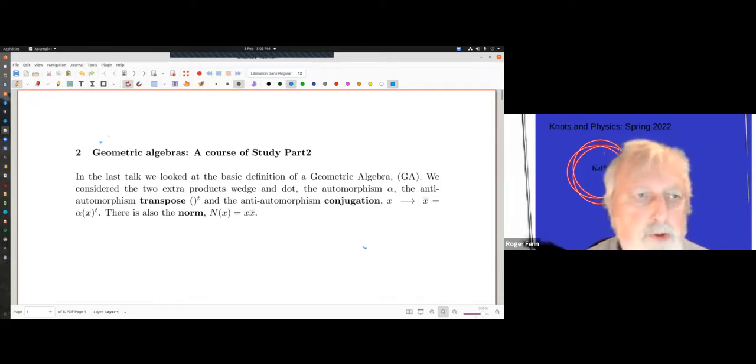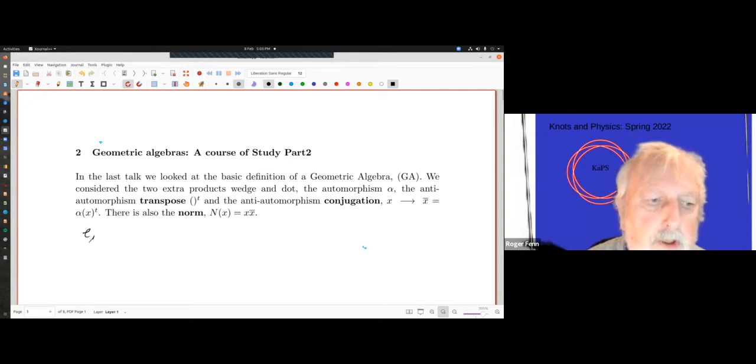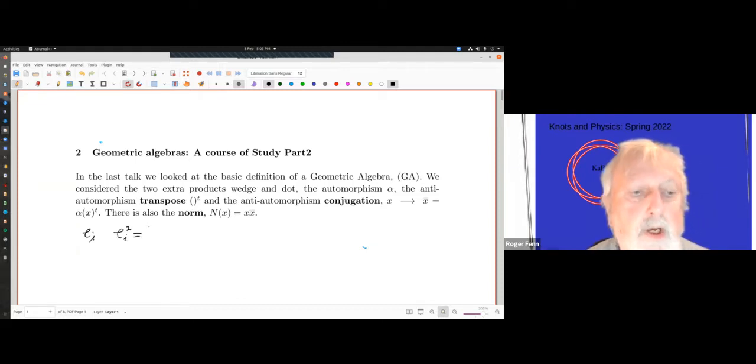To remind you, basically you have algebra generators E_i, and they satisfy E_i squared is q_i, where q_i belongs to some field F, usually the complex numbers, but the important thing is that the characteristic of F is not 2.